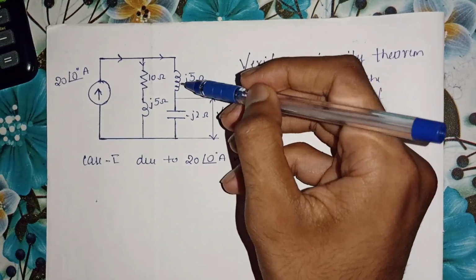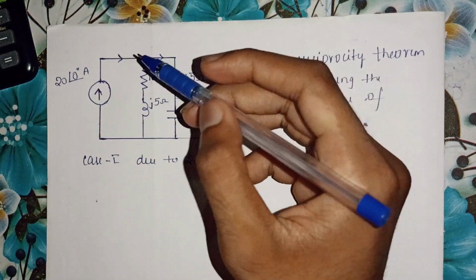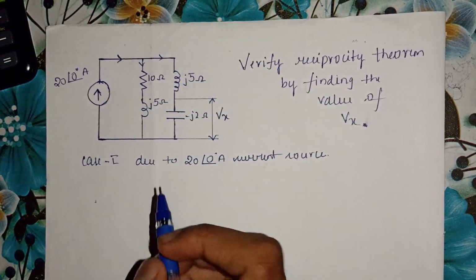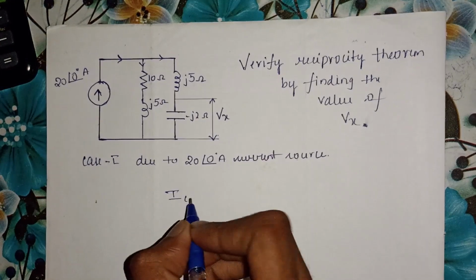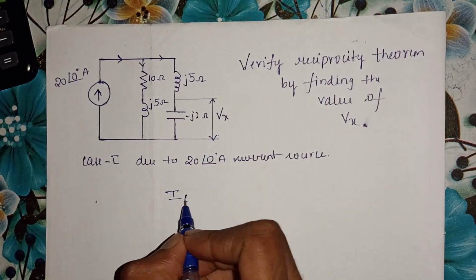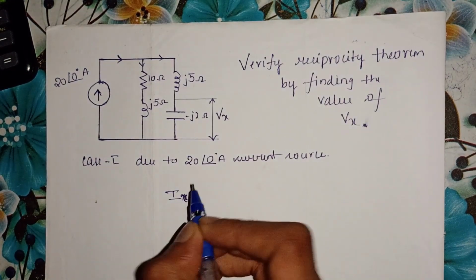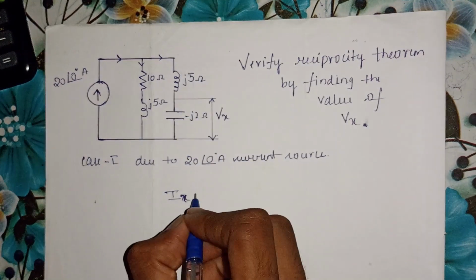In order to calculate the current through this branch, I have to apply the current division rule. Let me call the current entering through this branch Ix.